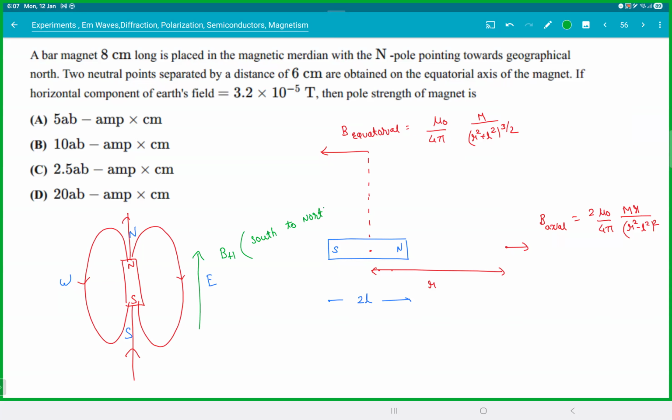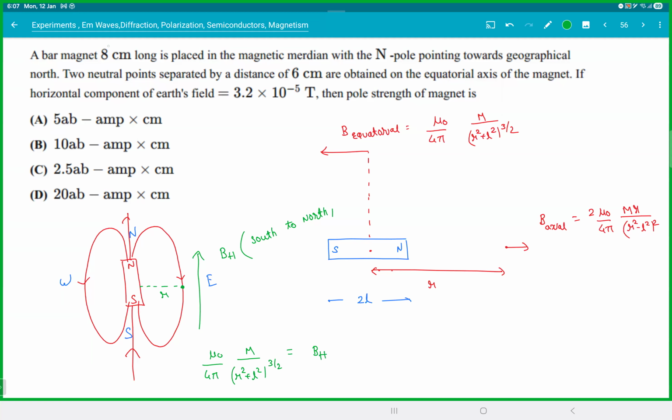He is saying that somewhere on the equatorial axis, there is a neutral point. So at this point, the net magnetic field has become zero. That means the equatorial field, mu naught by 4 pi M by (r square plus L square) whole power 3 by 2, became equal to the Earth's horizontal magnetic field BH. Clear with that?